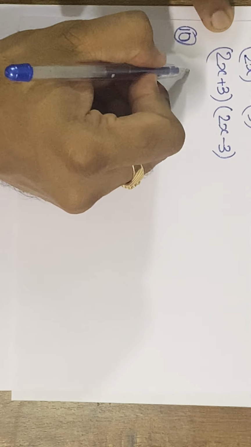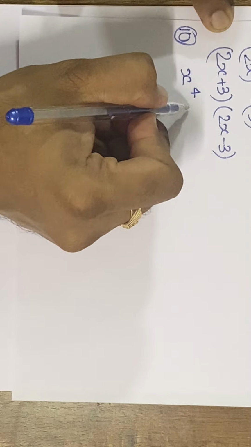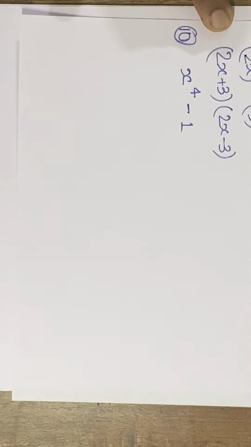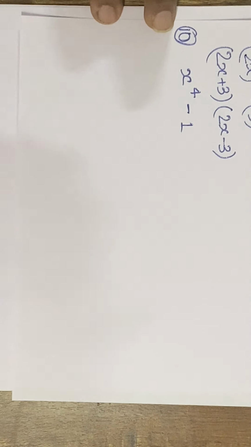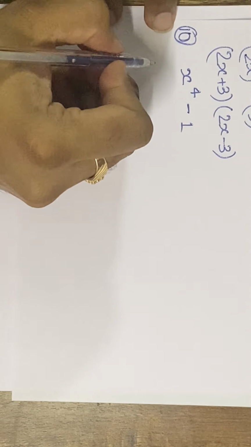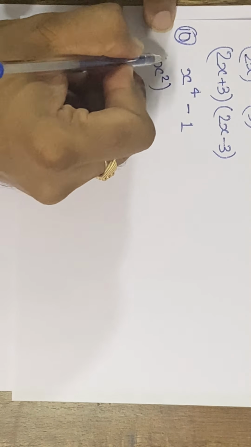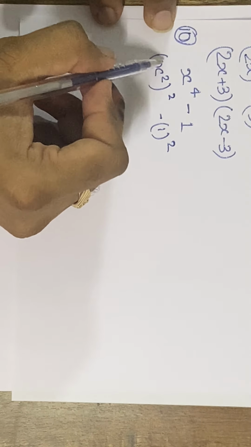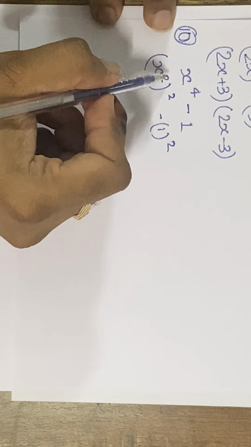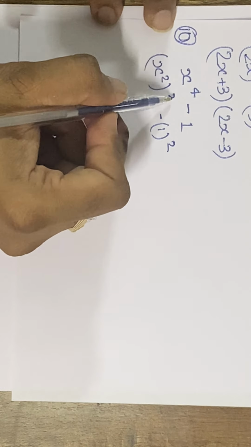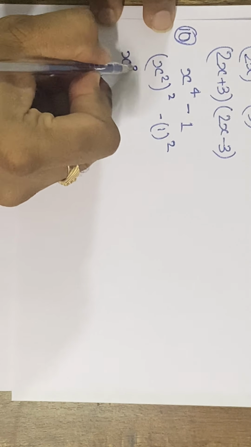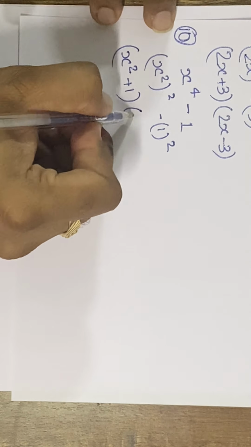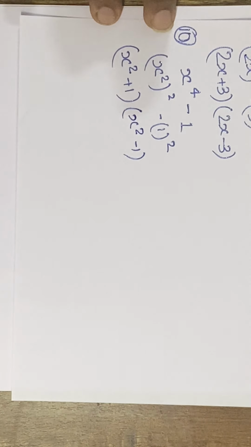One more example I am going to take. Now look at this one carefully. If I write something like x to the power 4 minus 1. Now at first instance it looks like this is not a quadratic equation, and I accept that this is not a quadratic equation because this is power 4, but you can definitely solve this. How can you do it? You can write this as x square whole square minus 1 whole square. Understand, this x square is term a for you. So it's a square minus b square, which you can write as a plus b and a minus b.